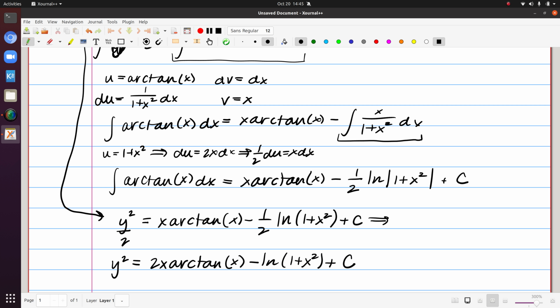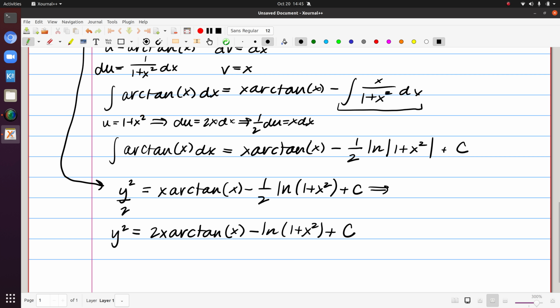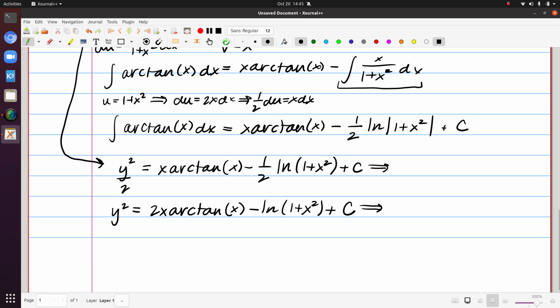Again, to be clear, you could write this as plus 2c. I'm just representing that as some additive constant. I'm absorbing that 2 in there. Regardless, we should get the same answer after we plug in the initial condition. So 2c would be perfectly acceptable there as well.